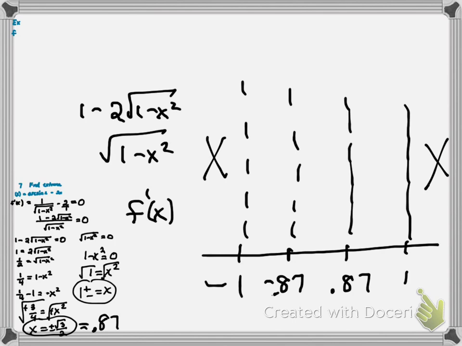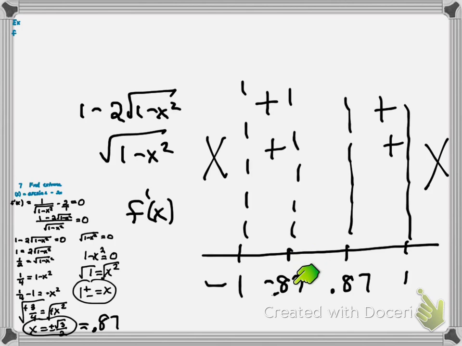So plugging in here, I get a positive, and let's just do this one over here also, because it should give me the same thing. Let's do a positive 0.9, because plugging in a positive 0.9 is going to give you the same thing as plugging in a negative, so that's also going to come out positive there. On this one, this is going to come out 1 minus 0.81, that's a positive value, and the square root of a positive is a positive, so this one also comes out to be positive, and so does this one.